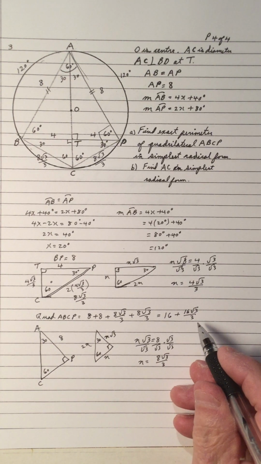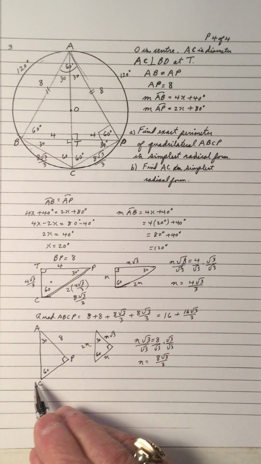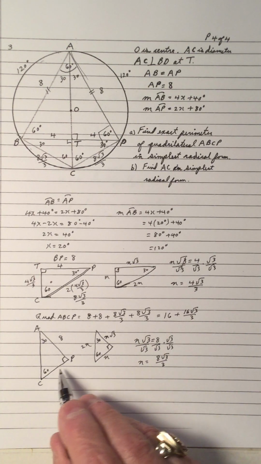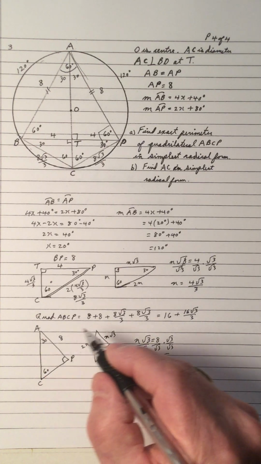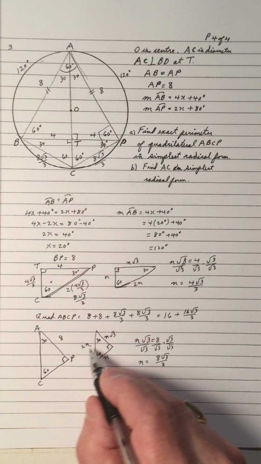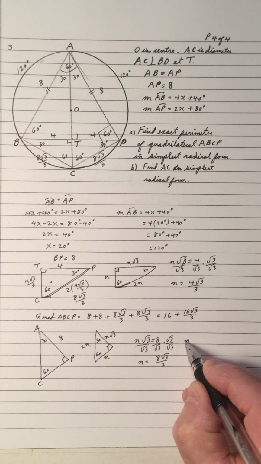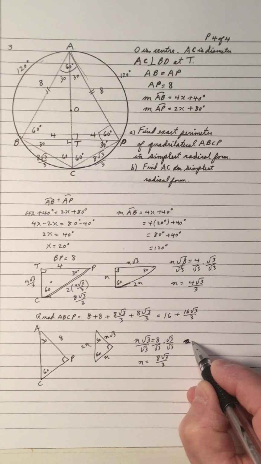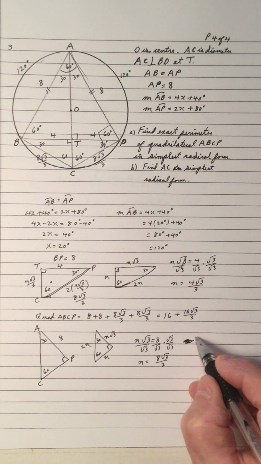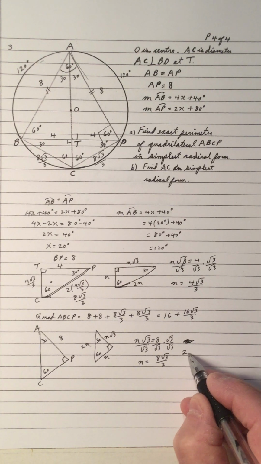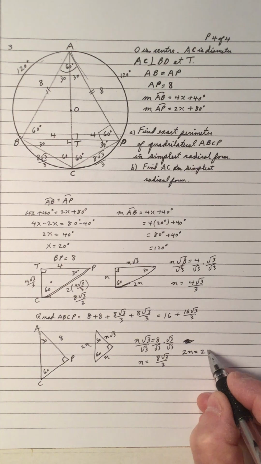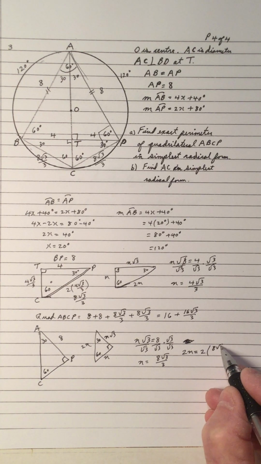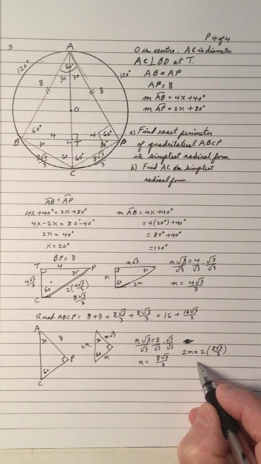So AC, that's N. We need 2N because AC is this length. So AC is the 2N. 2N is equal to twice what N is, 8 root 3 over 3.